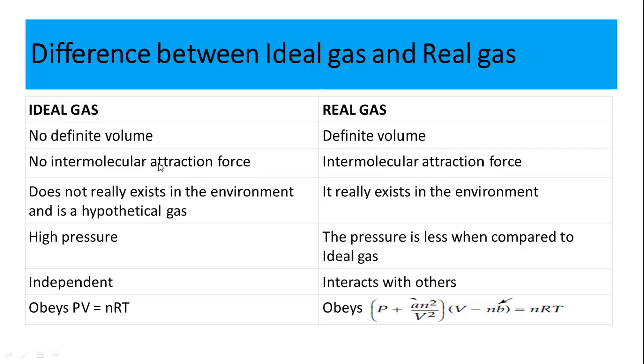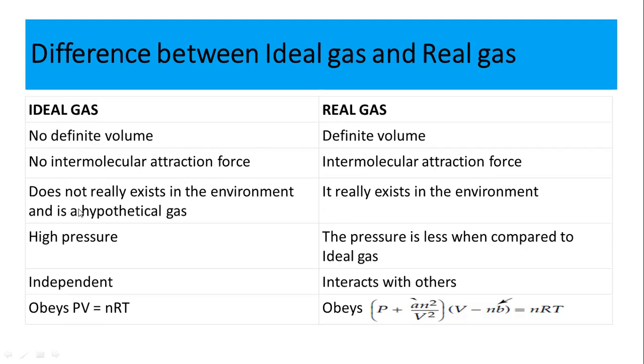The molecules or the atoms of the gas are moving randomly and they do not have any intermolecular forces of attraction, but opposite to the ideal gas, the real gas has some sort of intermolecular forces of attraction.